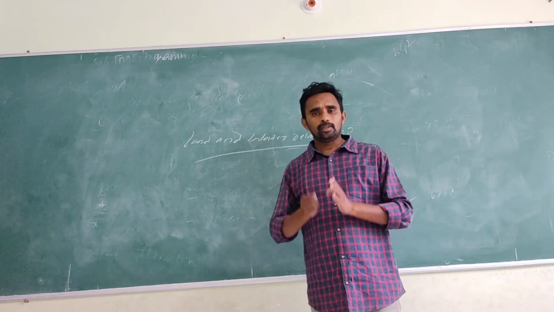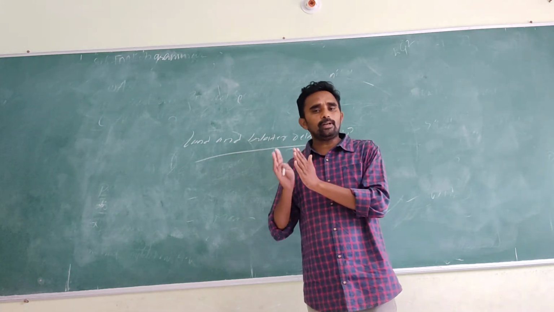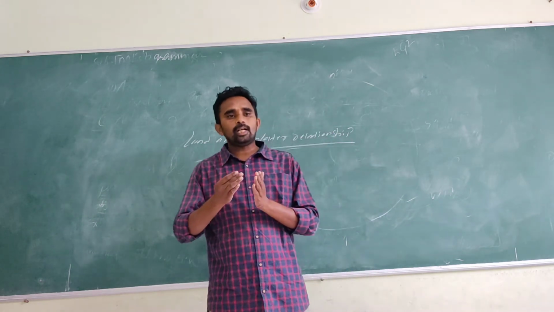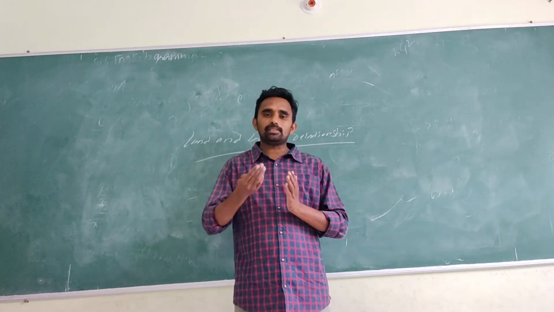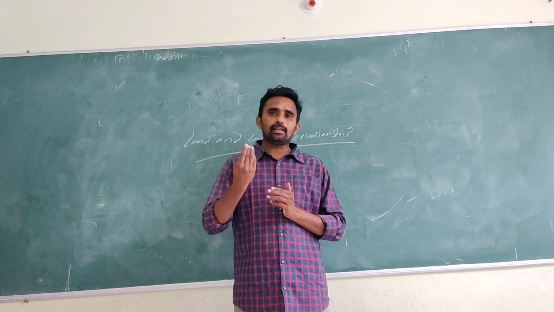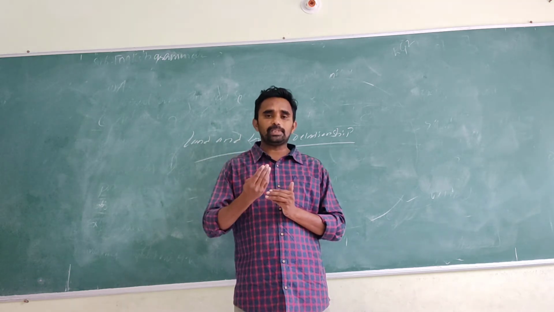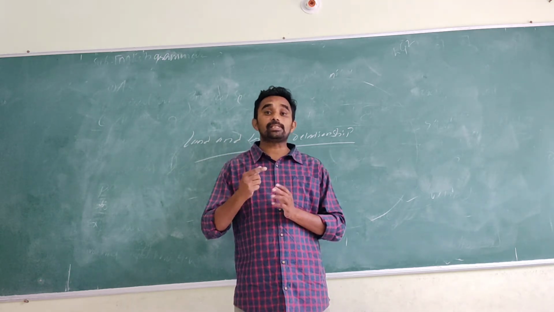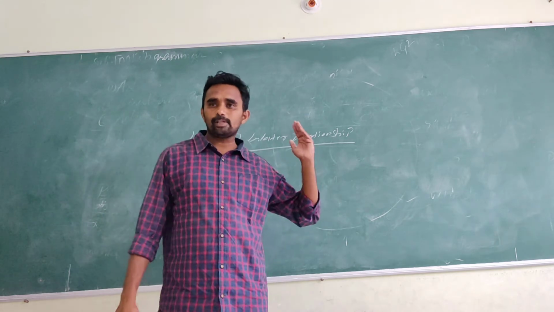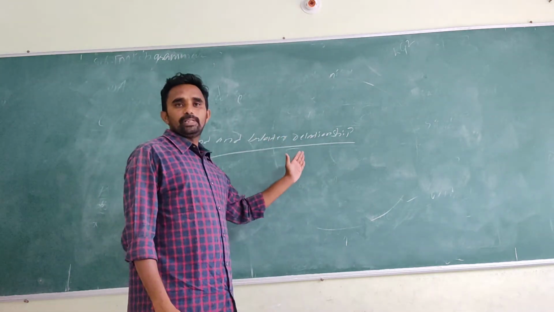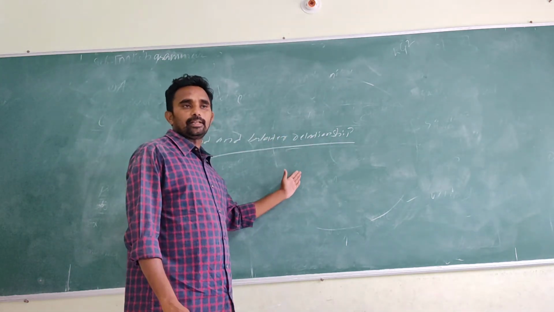You should have a clear understanding of this. Why? Because darker objects are the best absorbers, whereas lighter objects are the best reflectors. So there is a difference between darker objects and lighter objects.